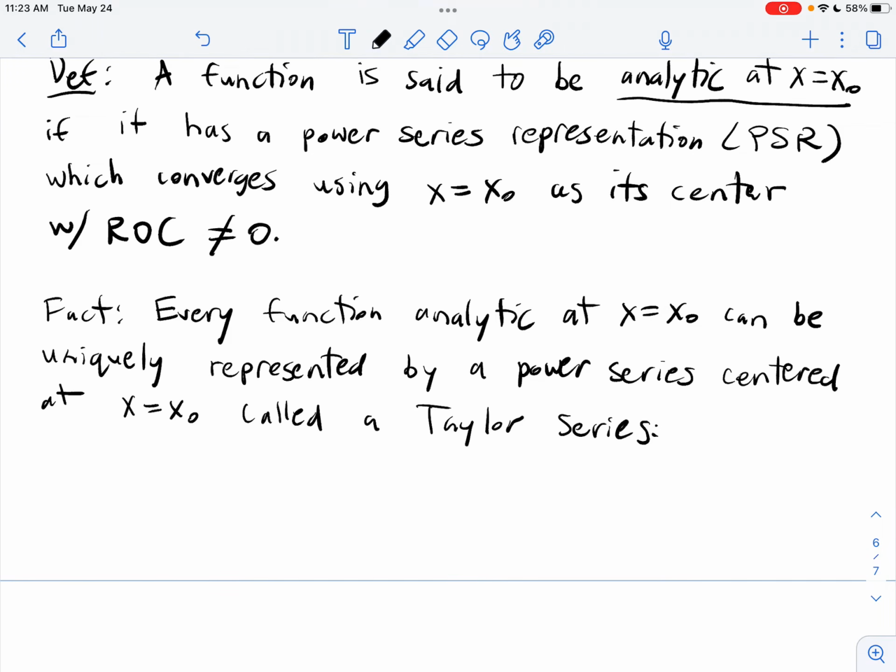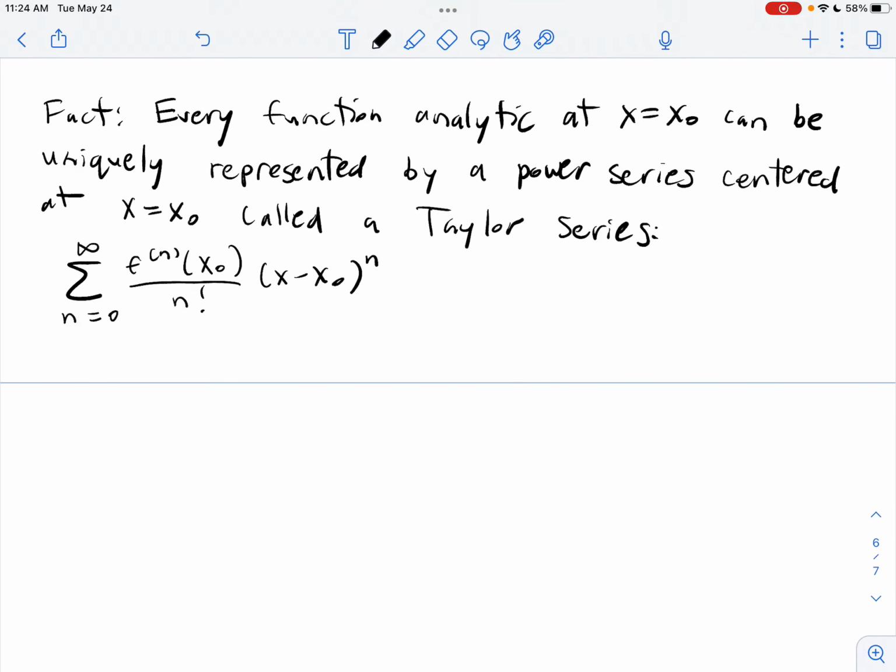And just to remind you of the Taylor series formula, it looks like this. Nth derivative of f at x naught divided by n factorial times x minus x naught to the power of n. Of course, the one that we use more often is when we have center 0.